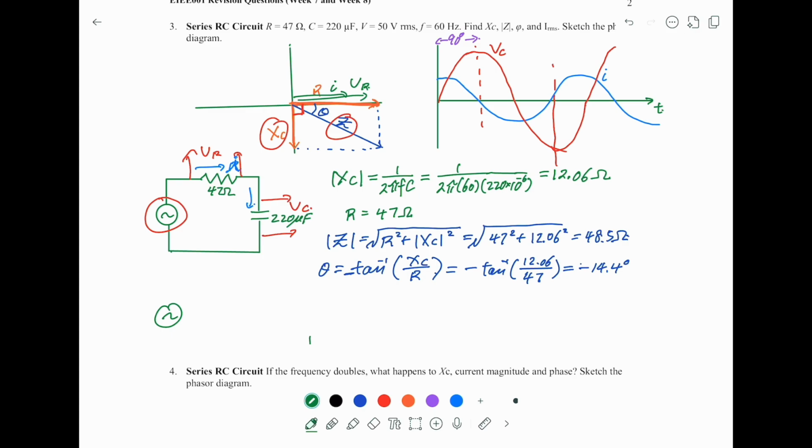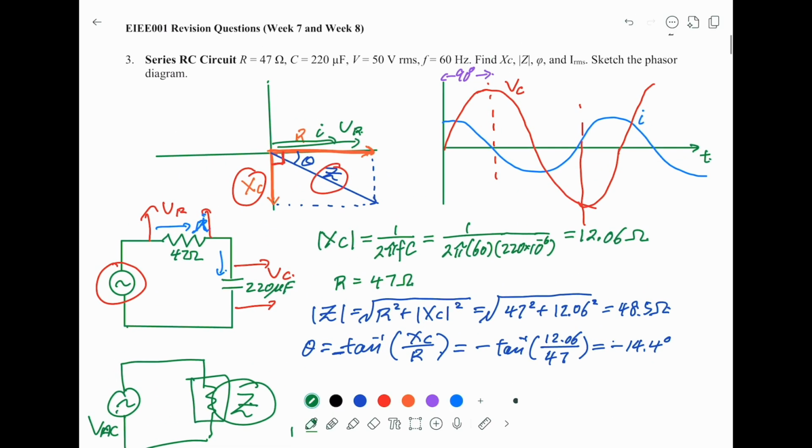After you find the sum, you find this one here, like a complex resistor, and the voltage here will follow this one. And this is 14 degrees. So the voltage is roughly not 90 degrees; this time it is about 14 degrees.